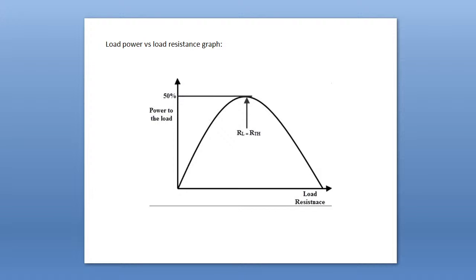So for maximum power transfer, the magnitude of load impedance is equal to the magnitude of internal impedance of the circuit, or you can write that load impedance must be the complex conjugate of Thevenin impedance. Okay.